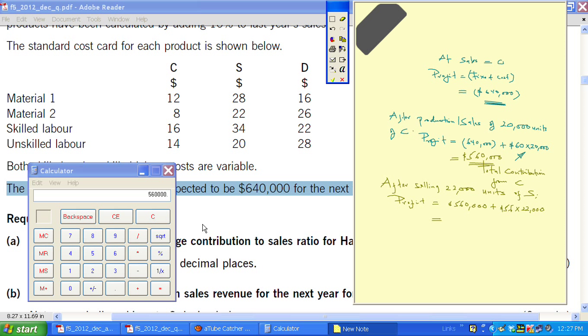I'll leave you to calculate that, but it gives you 1,792,000.